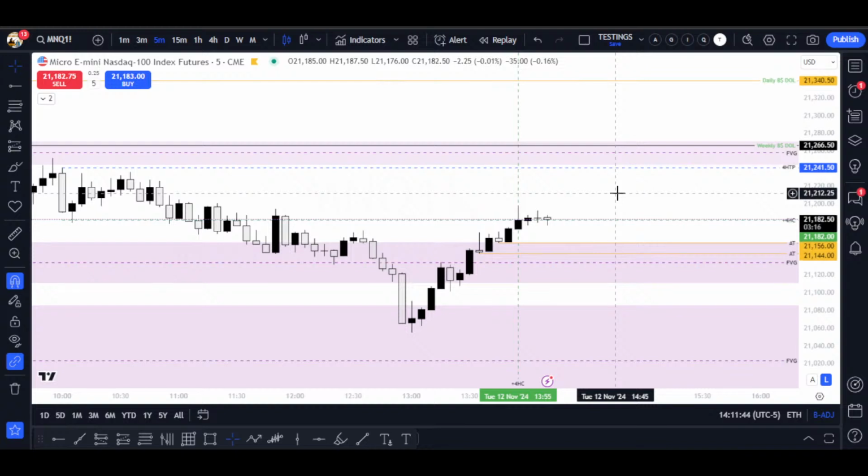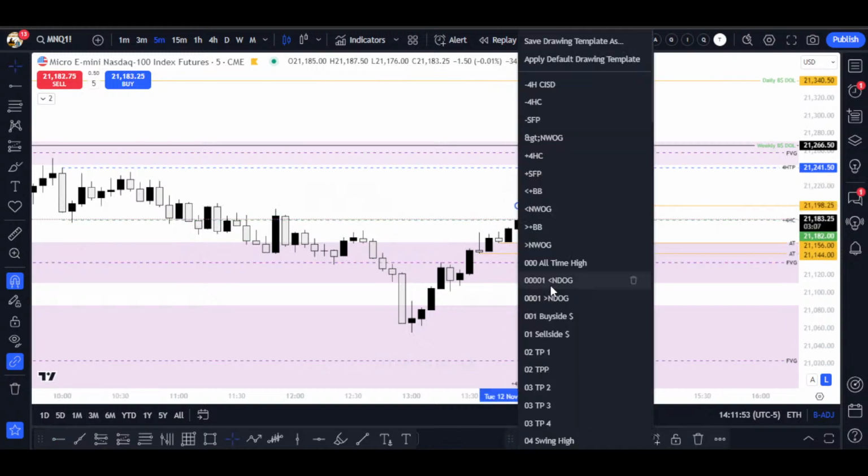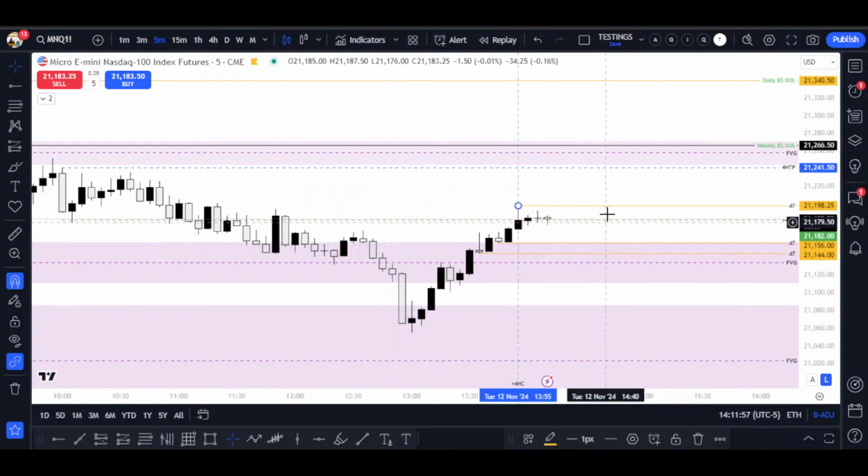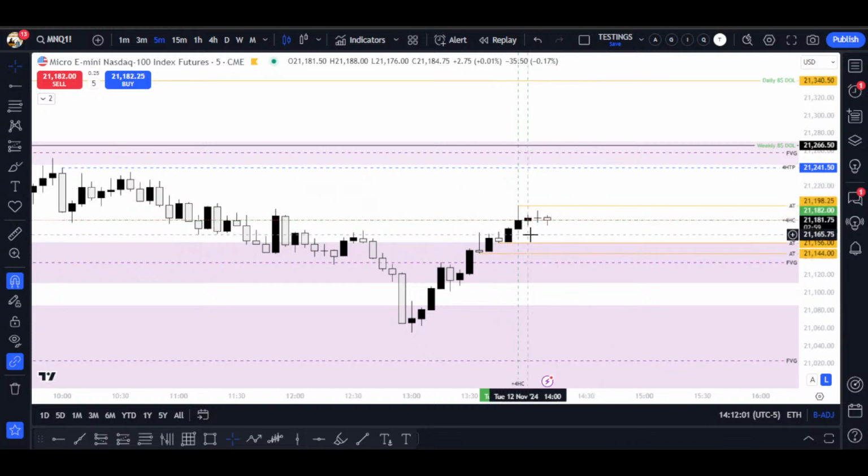Okay. So put that in as an algo target. All right. So this is an inside candle, so we're still expecting this algo target to be met.